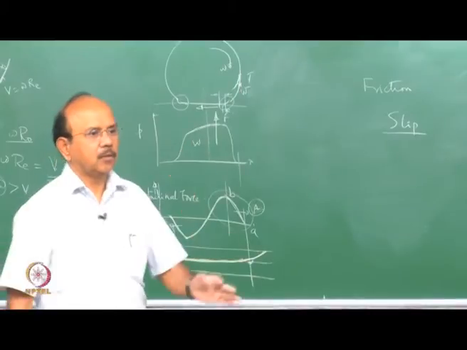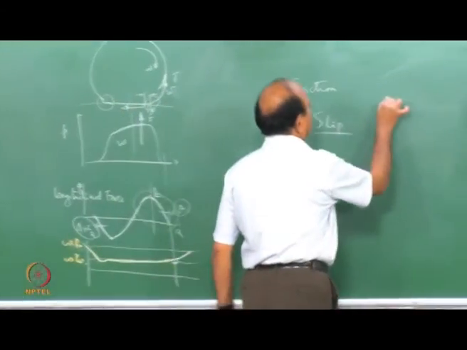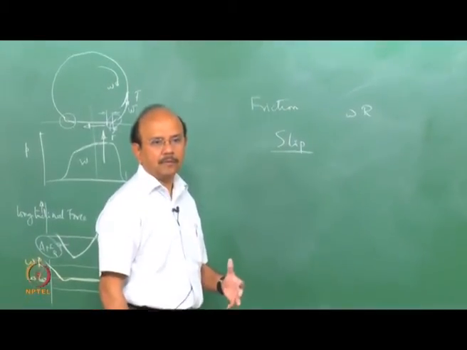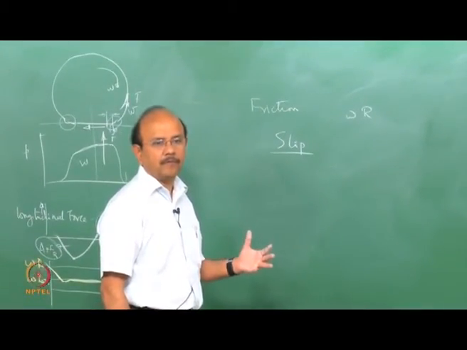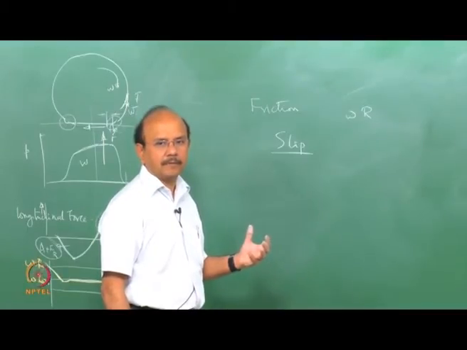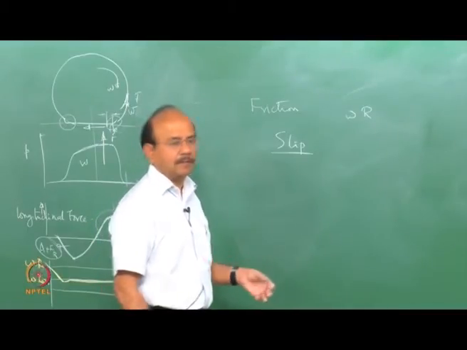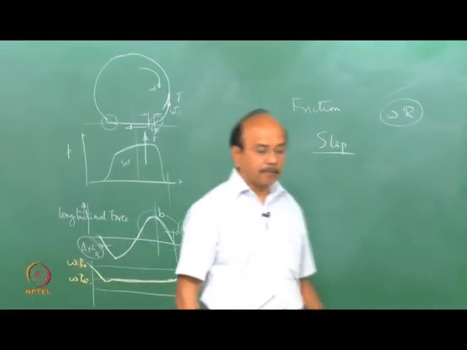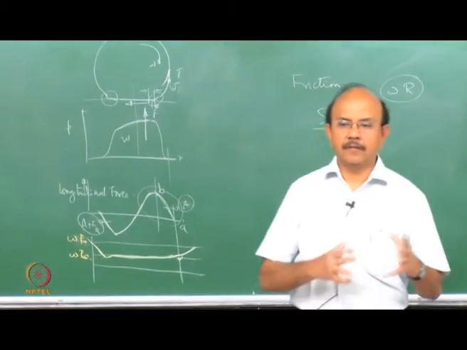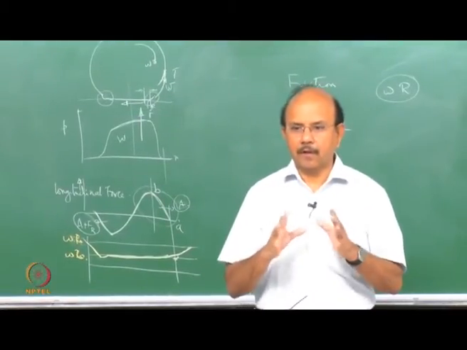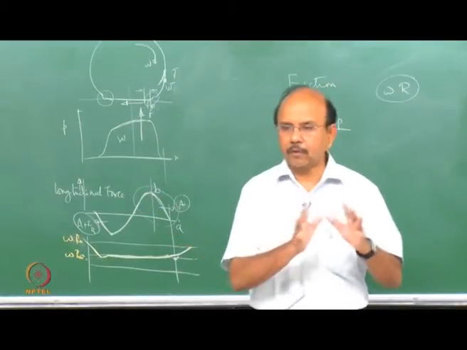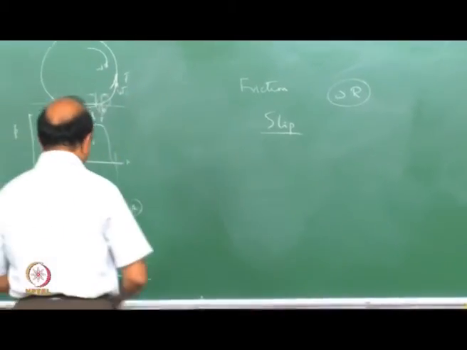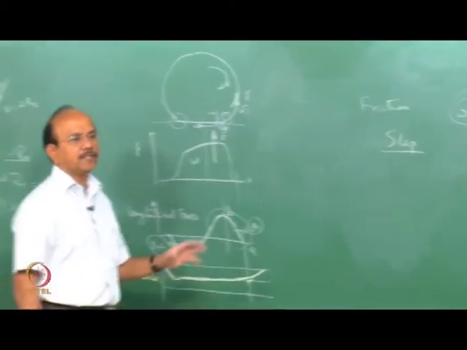In other words, omega r, and what is r is going to play a great role in our definition of slip. Clear? We will see that in the next class. Remember that the r values are not a constant as you go along the contact patch. We will extend these concepts in the next class and define what is called the slip.